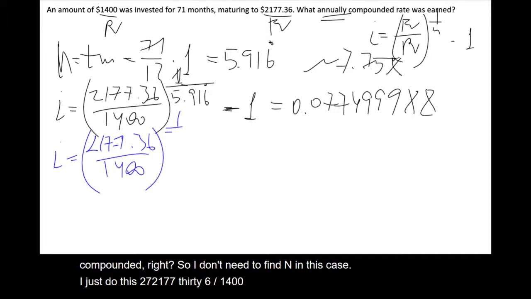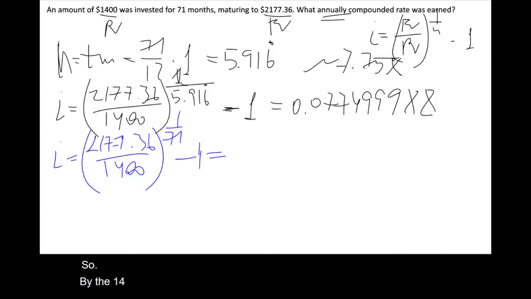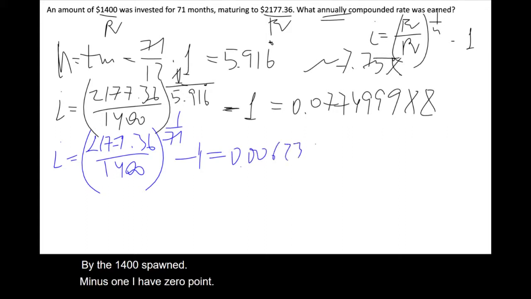It's 1 over 71, minus 1. So I have 0.0062399681. So that's per month.